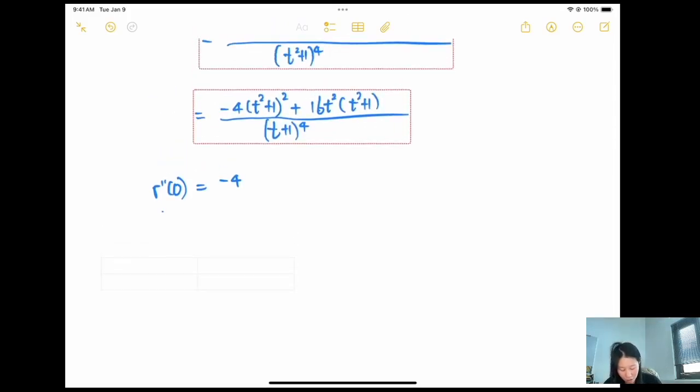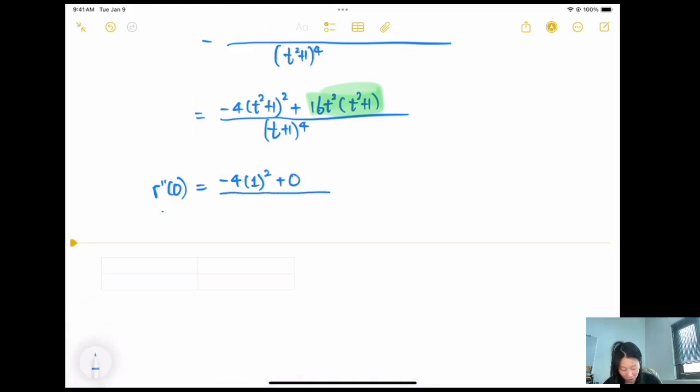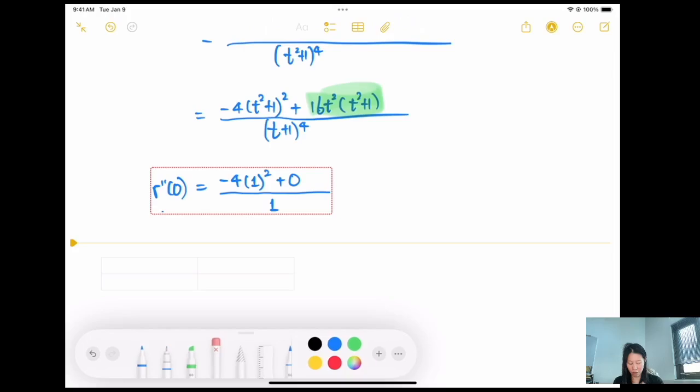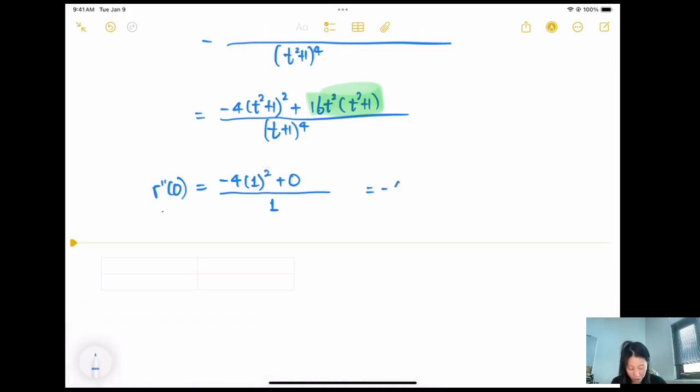So that means in here I got 1 squared plus 16 times 0. Everything in here is just a 0. It doesn't matter what it is, because 0 times everything gives me a 0. 0 plus 1 gives me a 1. 1 to the 4th, also a 1. So in here I got negative 4. So it's concave down. If it's concave down, that means it's going to be a maximum.